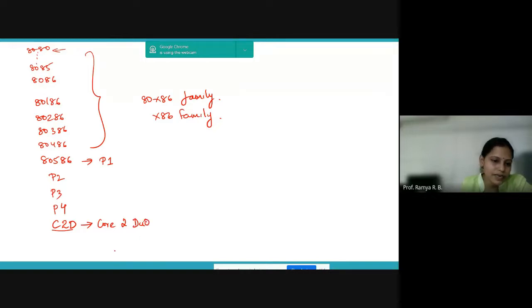You've heard of this, right? Yes, ma'am. After that, many variants came, and then you have the latest i7 and higher versions, right? The Core i family, i7. So this is the timeline of the evolution of microprocessors.